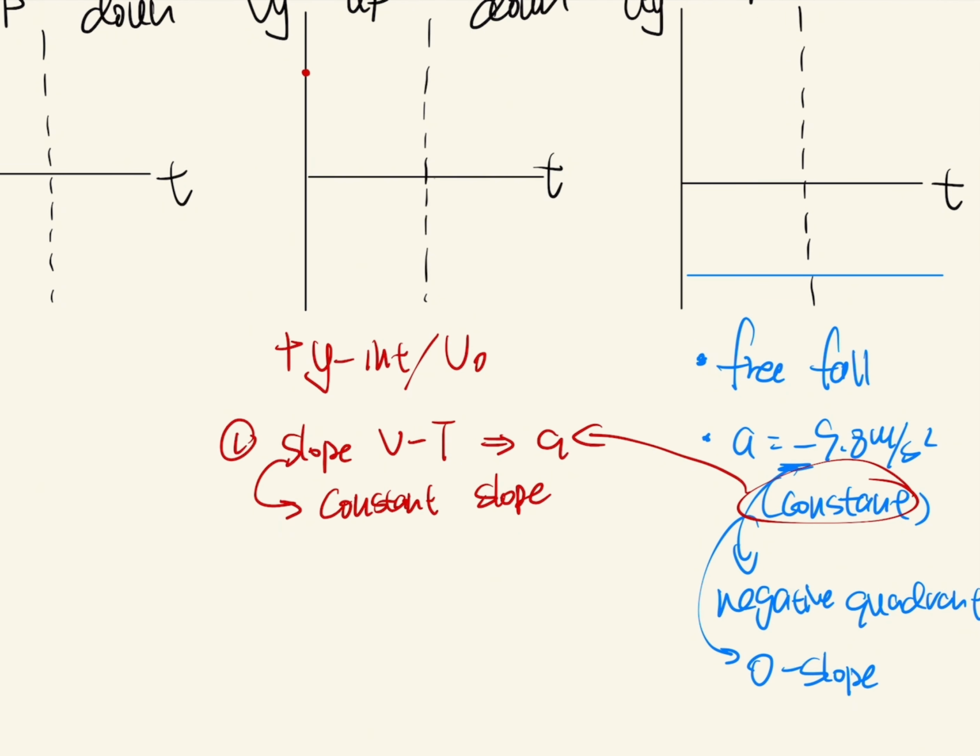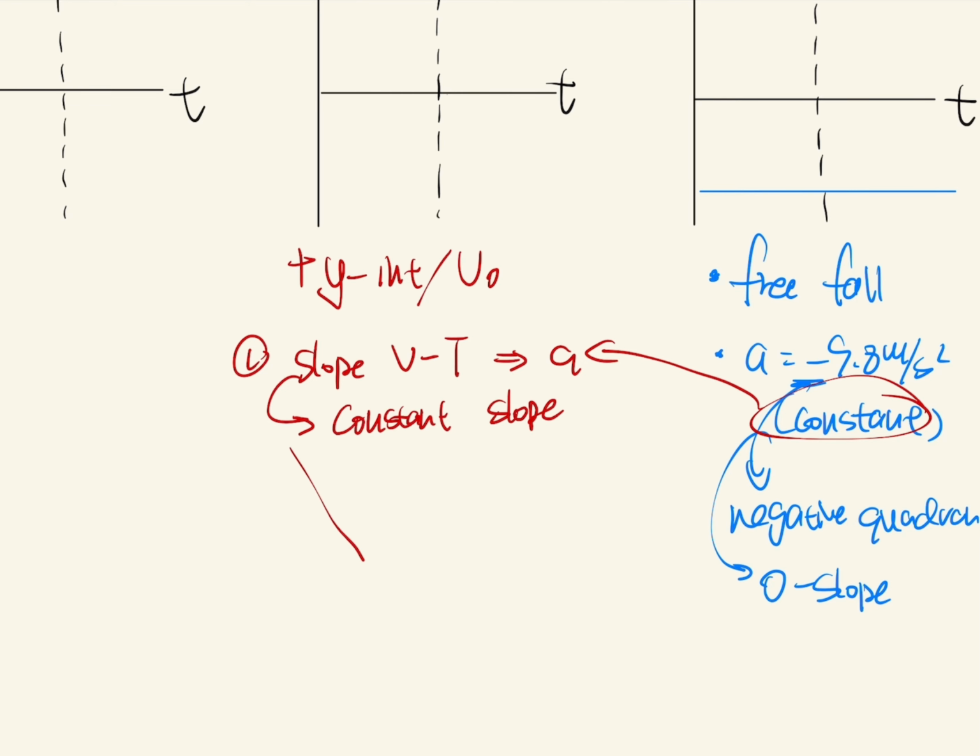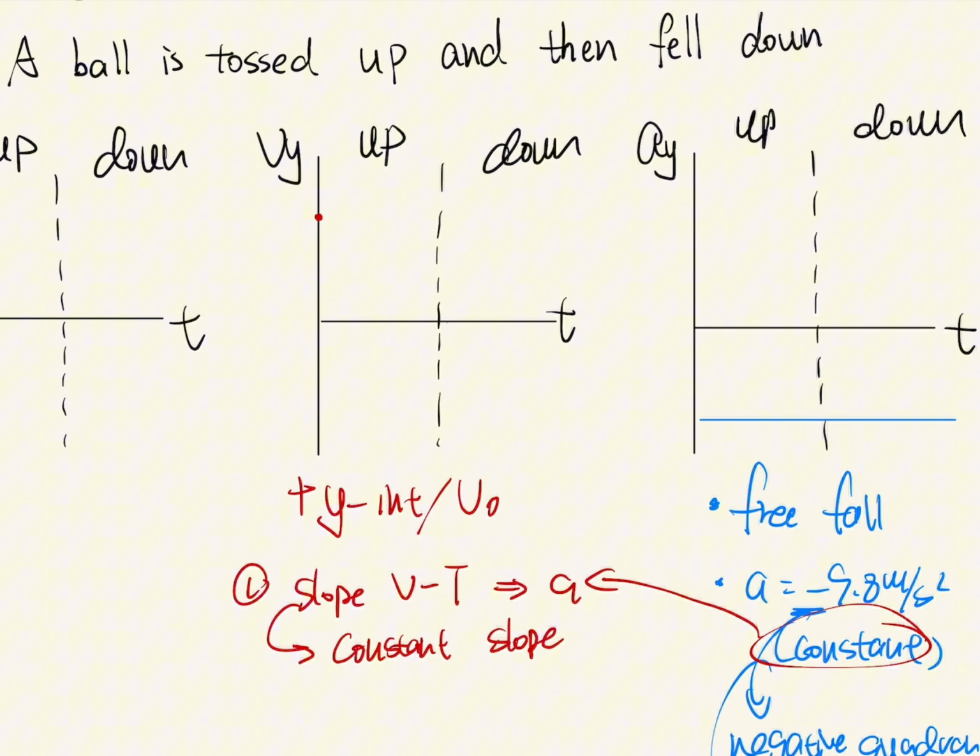And we would just have two choices, or two options, for a constant slope. It's either this or this, right?